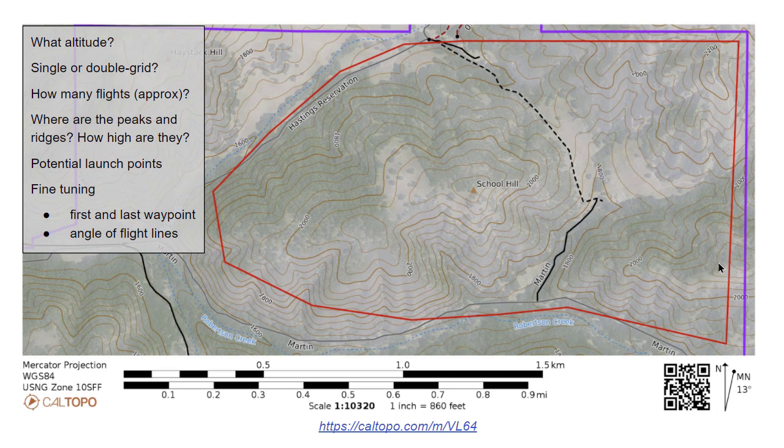So I'm going to zoom in and look at the actual elevation of those hills to see where I can launch from to make sure that I'm high enough to clear those hills. Or ideally, I could even get up to the hills and launch from there. The other thing I can see in the satellite image, it looks like there's a trail of some sort that goes up to the peak of these hills.